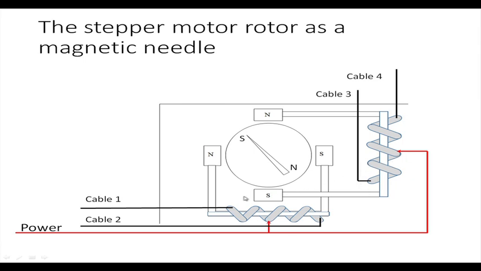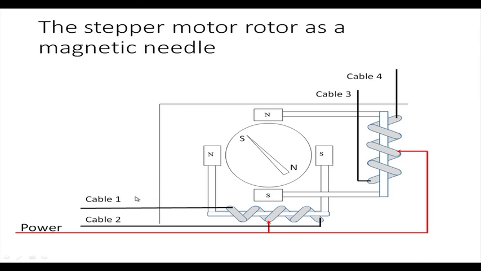If cable 1 is given 5 volts, there will be no flow of current in this arm of the coil. But if cable 2 at the same time is 0 volts, this arm of the coil will be energized, and therefore it will create a definite kind of polarity in this particular horseshoe magnet.